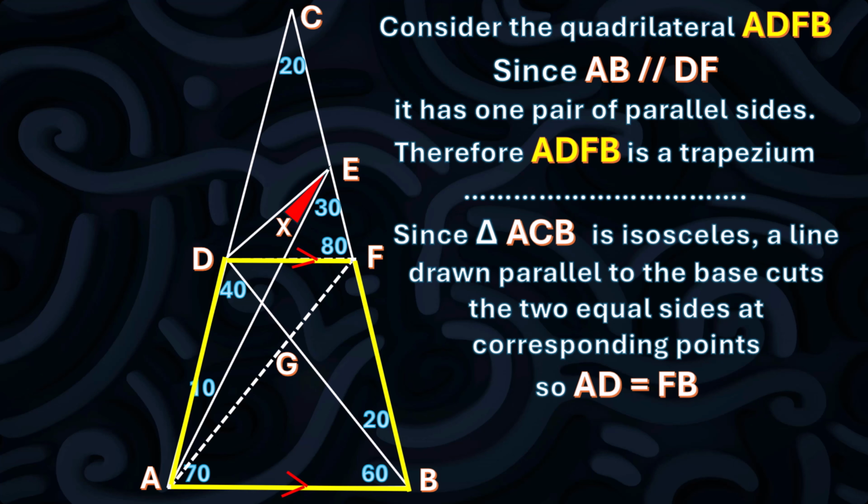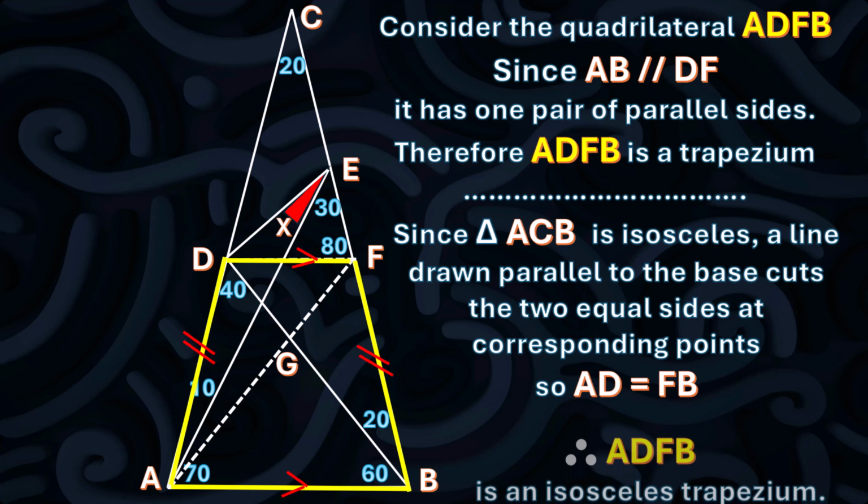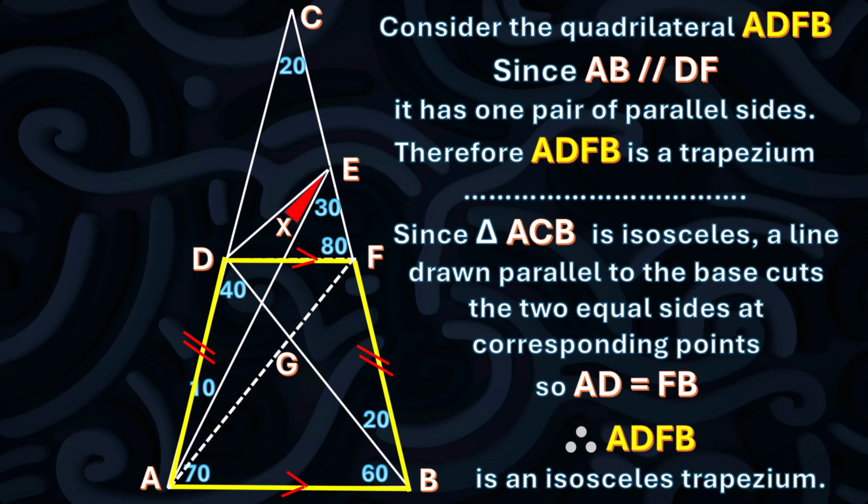Further, since triangle ACB is isosceles, any line drawn parallel to the base cuts the two equal sides at corresponding points. So AD equals FB. Therefore, ADFB is an isosceles trapezium.